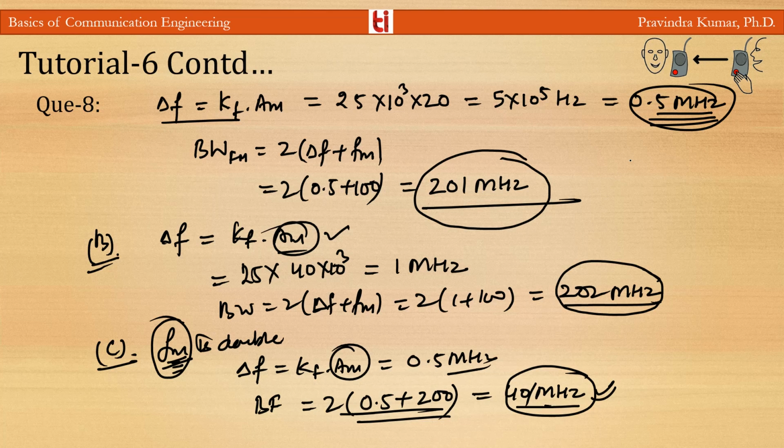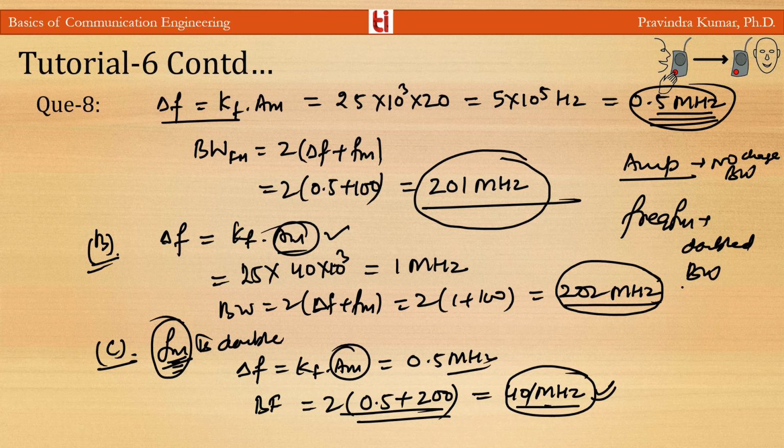So by doubling the amplitude there is no change in the bandwidth, but by doubling the frequency fm the bandwidth is doubled.